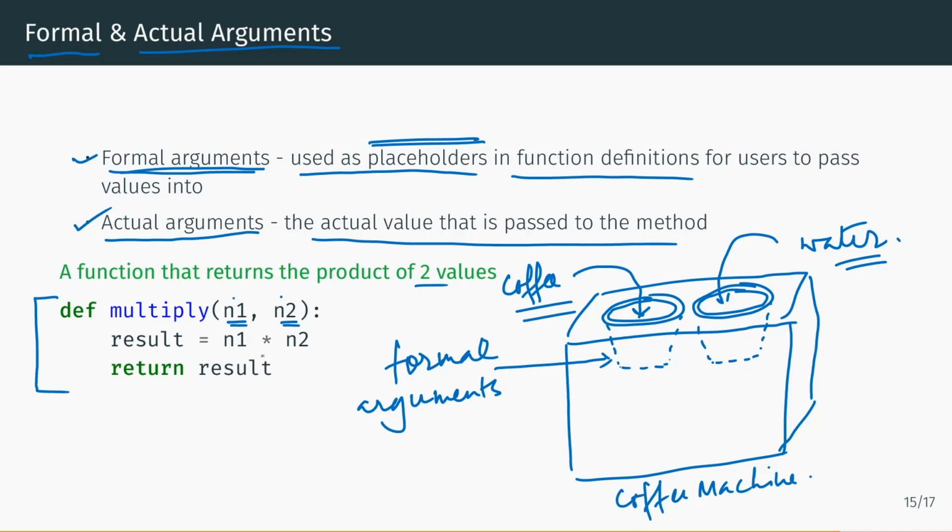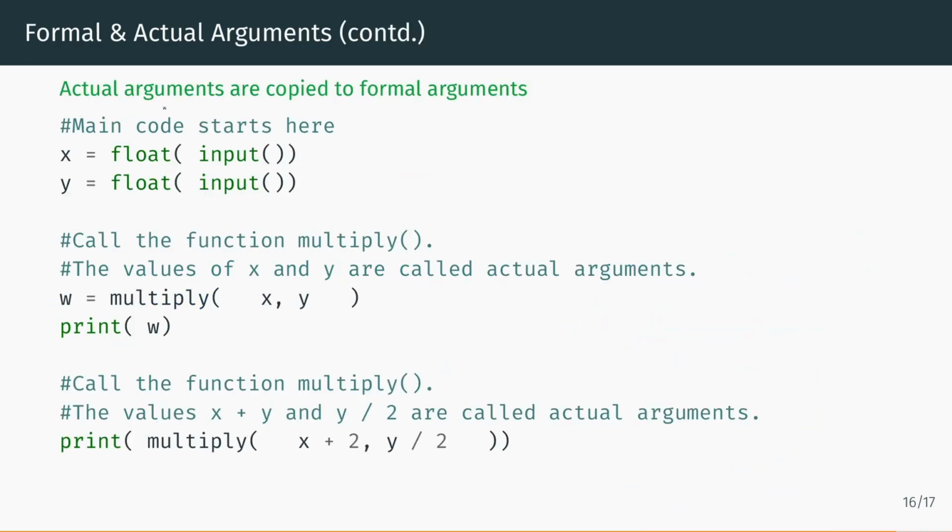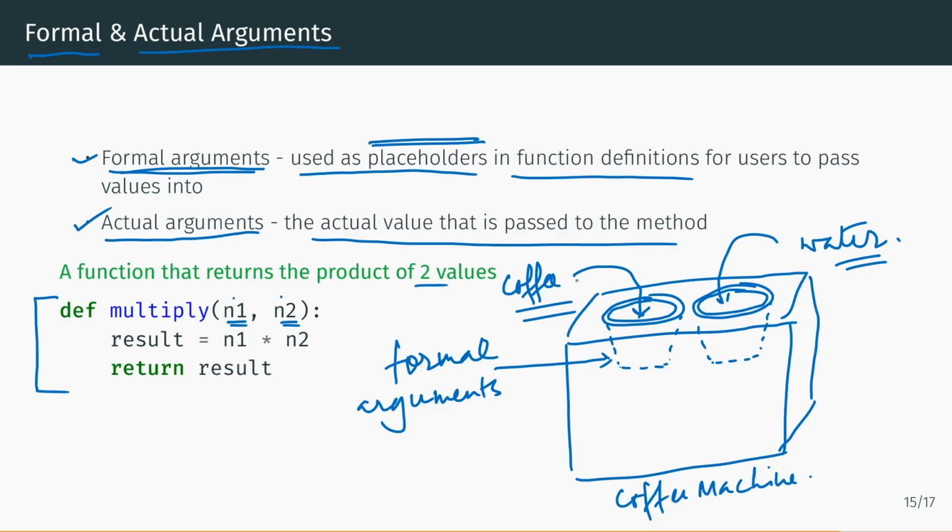Actual arguments are copied to formal arguments. Just like coffee and water are actual arguments which are poured into the cups, which are formal arguments.